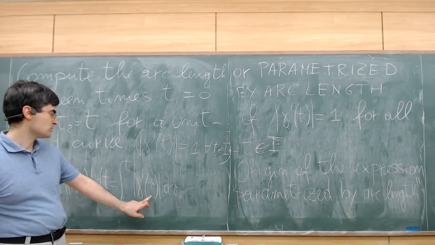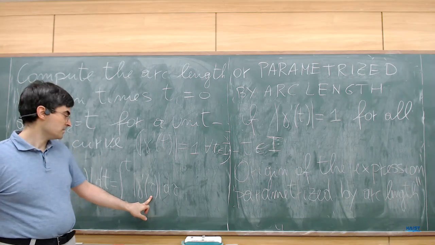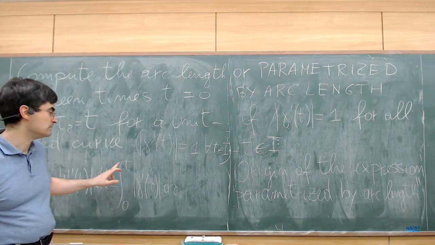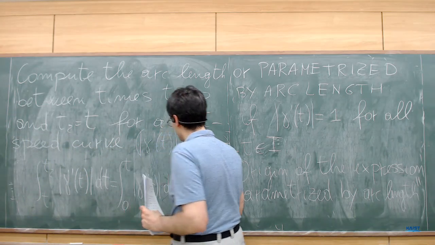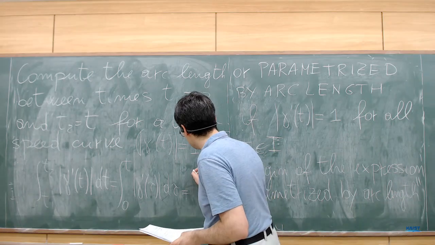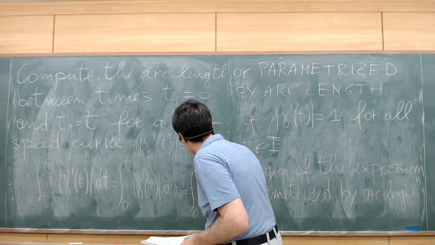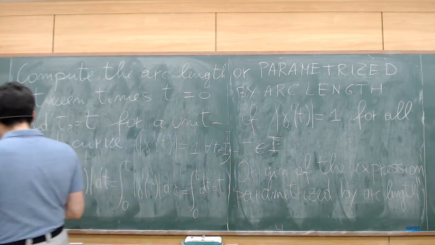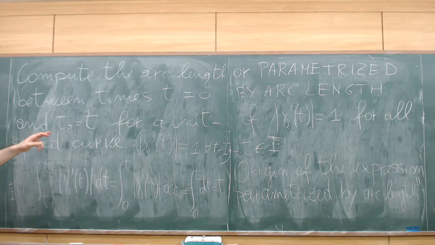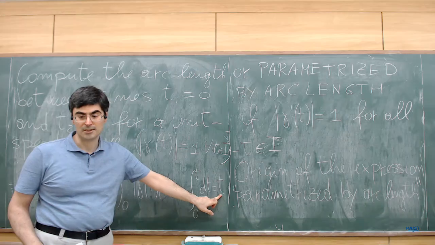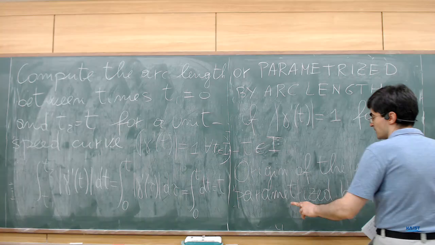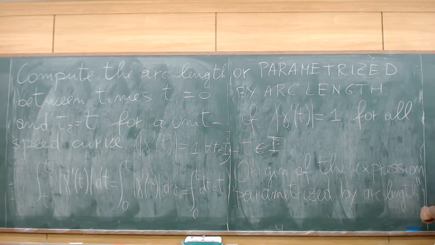Here I am obliged to use a different variable of integration because the upper bound of integration is t. If you compute this, the integral is equal to t. So the arc length between times 0 and t coincides with the value of the parameter t. This explains why we say the curve is parameterized by arc length.